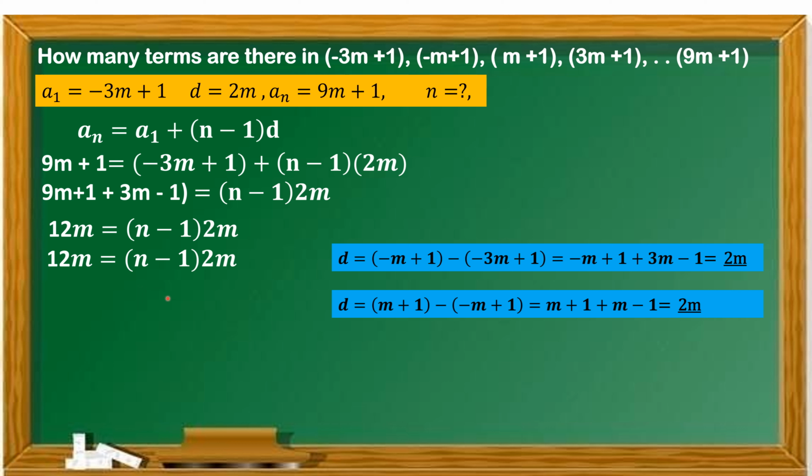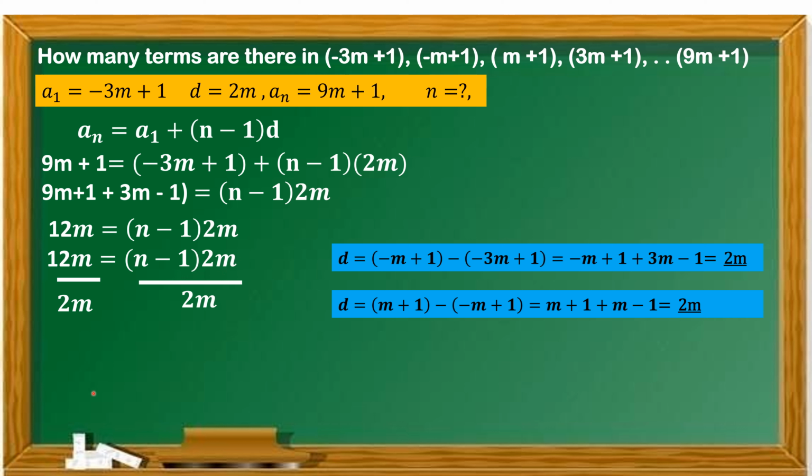So therefore, to isolate the 2m, we will be dividing both sides by 2m. Okay, so therefore, it is already divided both by 2m. Why 2m? Because the n minus 1 is with the 2m.